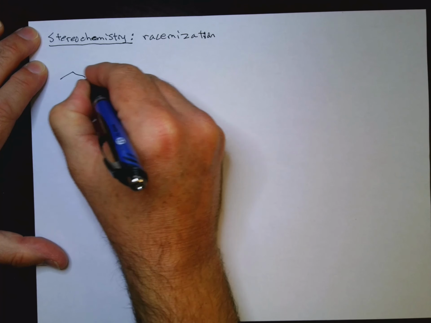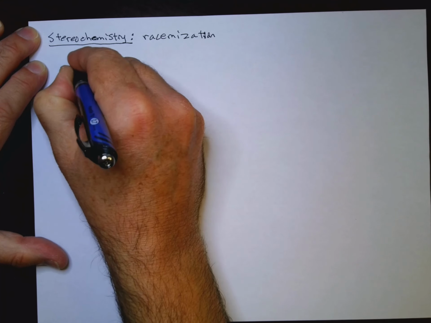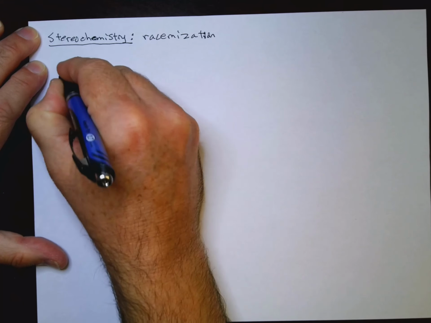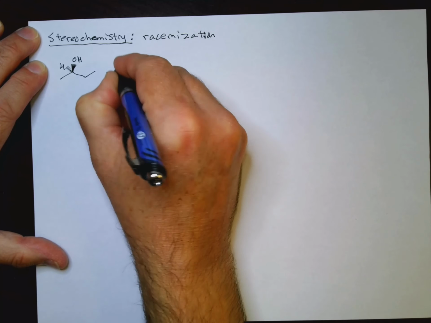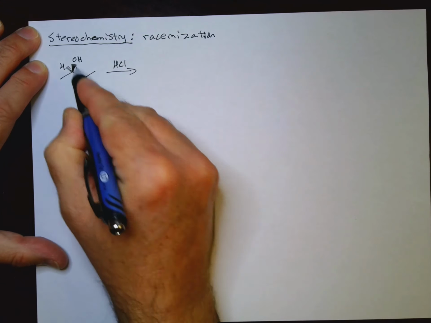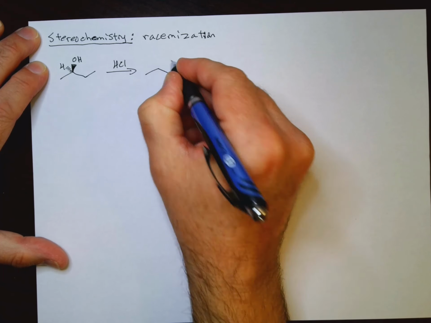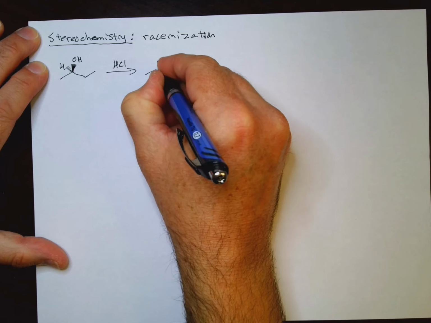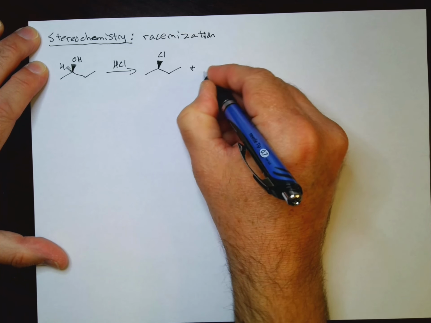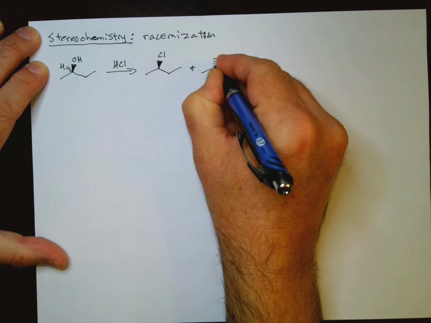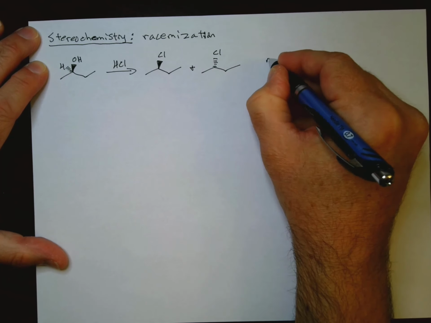So if we start out with OH, this guy here, so of course my hydrogen's back there, and I treat this with HCl, I'll protonate the OH, it will leave, and I will get a racemic mixture.